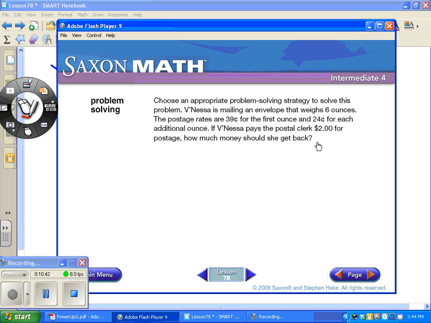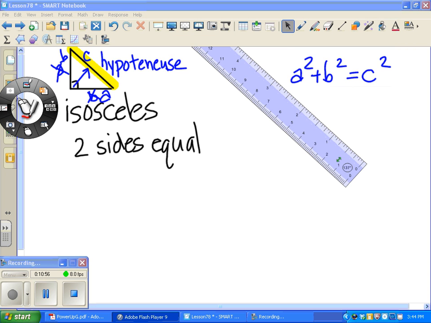So this is a two-part problem. First, we have to figure out how much it's going to cost, and then what her change will be. And I like to make a table for this. We're going to go all the way up to 6 ounces. I have to remember 39 cents for the first and 24 for everyone after.